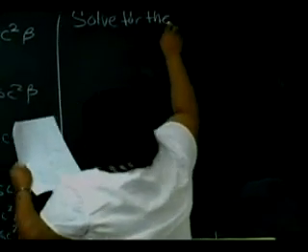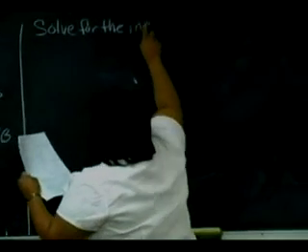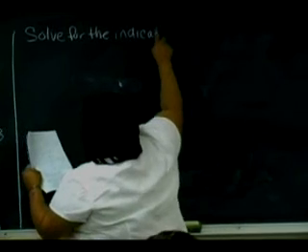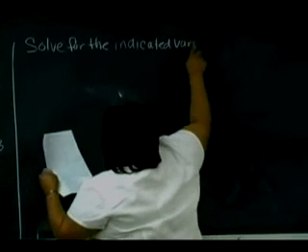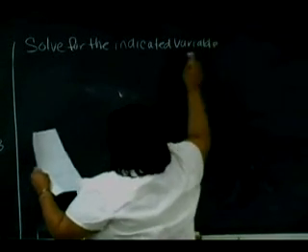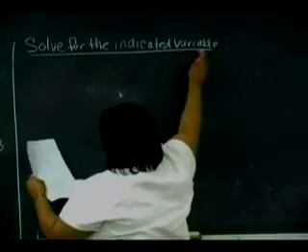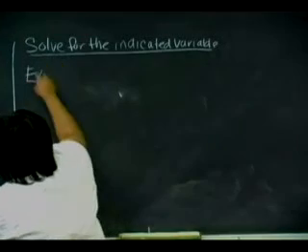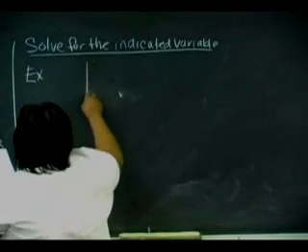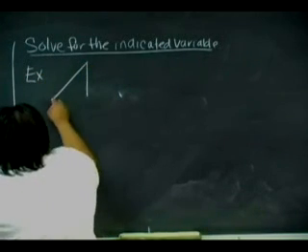A couple more problems. We want to solve for the indicated variable. First example. Suppose I am given this right triangle.